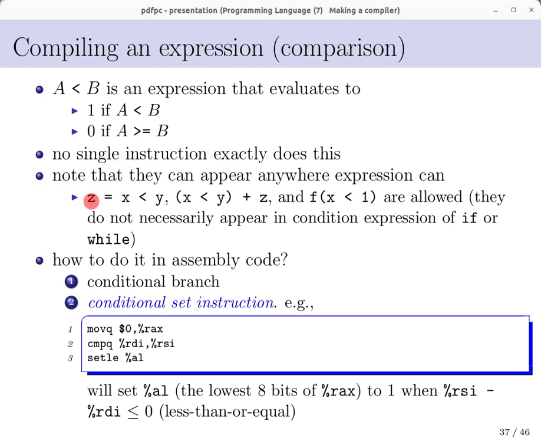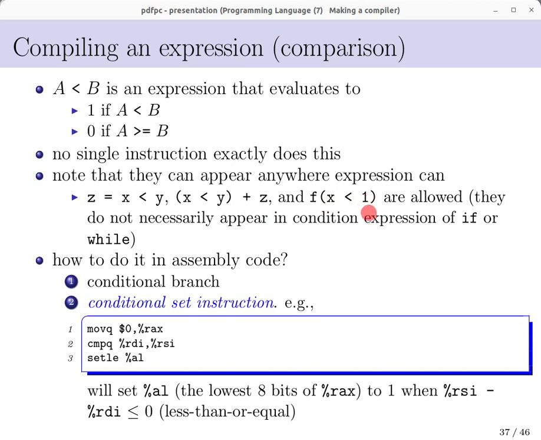For example, you can have an assignment expression like z equal x smaller than y. So it assigns either 0 or 1 depending on whether this condition holds or not. So you can even write something like x smaller than y plus z. So it evaluates to either z or 1 plus z depending on whether x is indeed smaller than y or not. Or f of x smaller than 1.